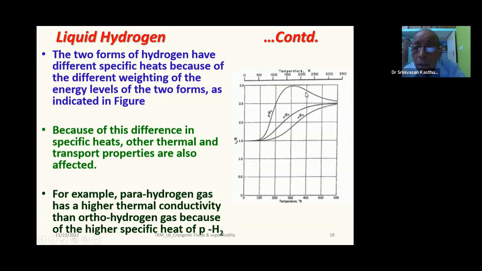Am I right? Yeah, correct. Parahydrogen, and then orthohydrogen. Sorry, this is the orthohydrogen which is below, and the equilibrium hydrogen has this curve which is in between. Okay. Because of the difference in specific heats, the other thermal and transport properties are also affected. Parahydrogen has a higher thermal conductivity than orthohydrogen because of the higher specific heat in the system.